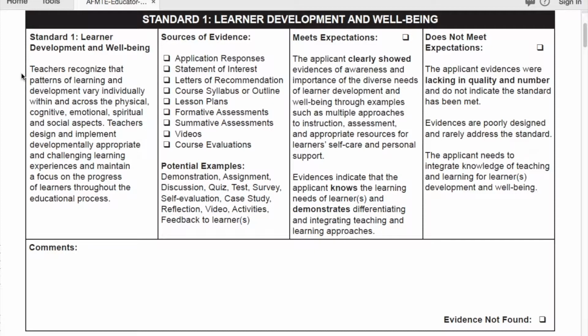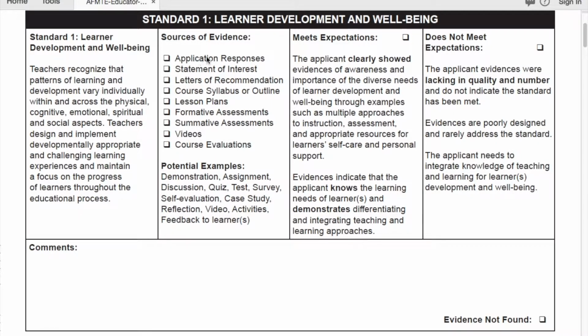Teachers design and implement developmentally appropriate and challenging learning experiences and maintain a focus on the progress of learners throughout the educational process. So the reviewers are looking for evidence of this in your portfolio items.